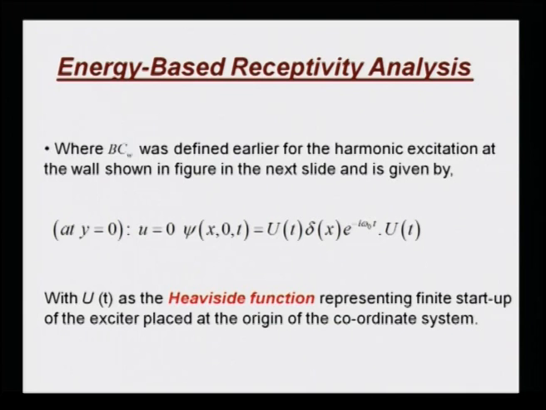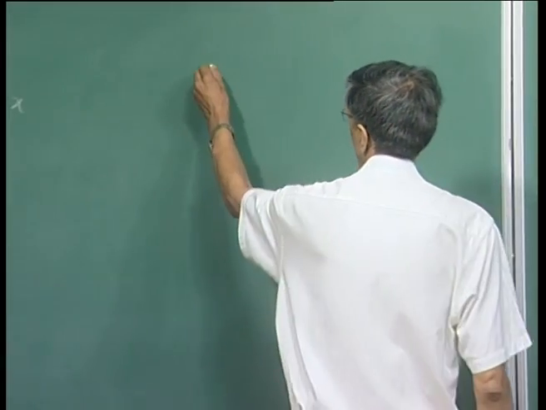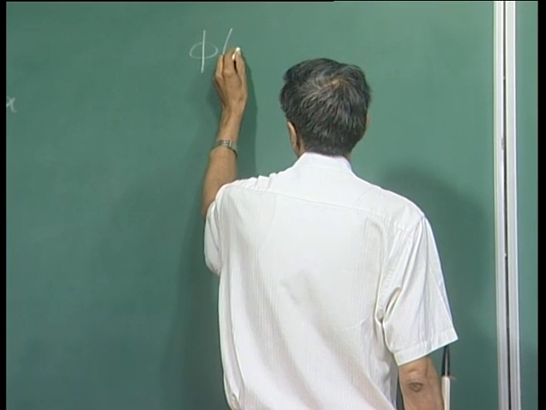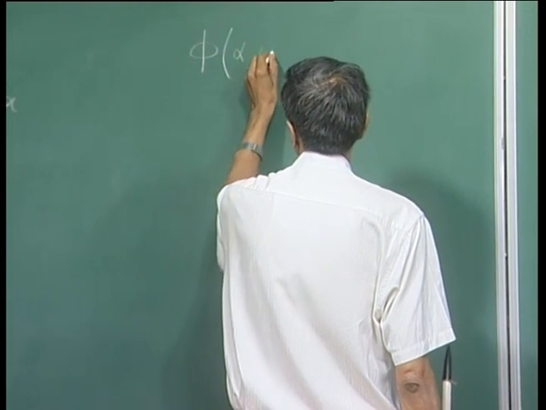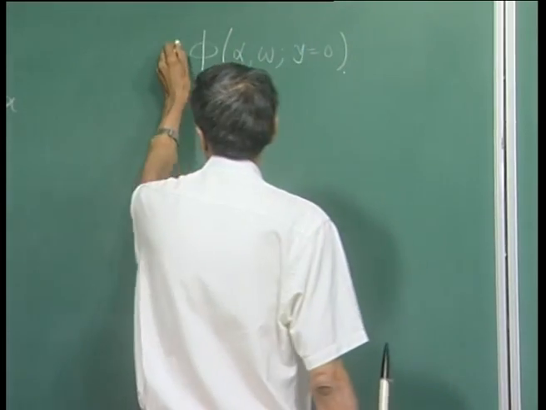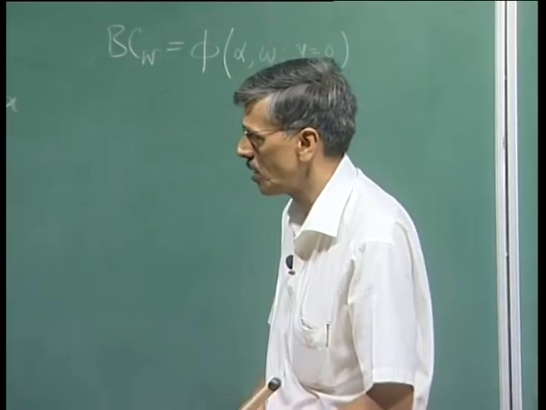So, this BCW was nothing but something like the Fourier-Laplace transform of the disturbance stream function phi, for any alpha, any omega, evaluated at y equal to 0. That is your BCW.